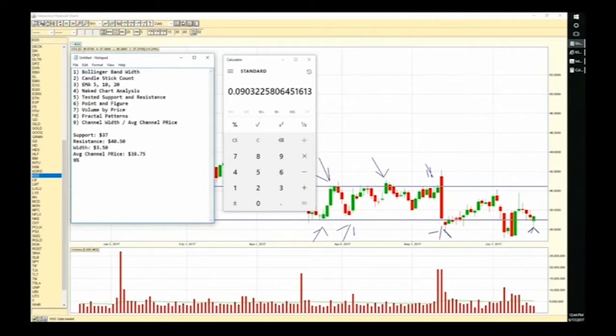If it's below 5%, there's no way. I'm not interested in that particular candidate. When I get below 10%, in that 10 to 5% zone, I get the heebie-jeebies, so I'm not as interested, but 10% to 20% is the ideal range. Again, channel width divided by average channel price is going to tell us whether we need to worry about it breaking away from its sideways choppy pattern.